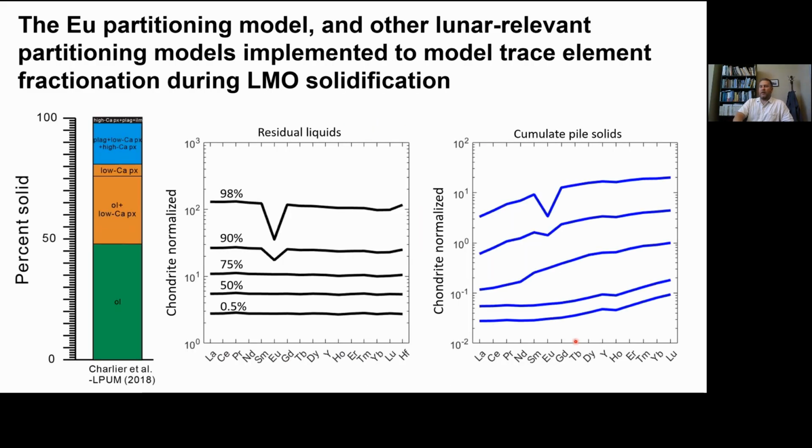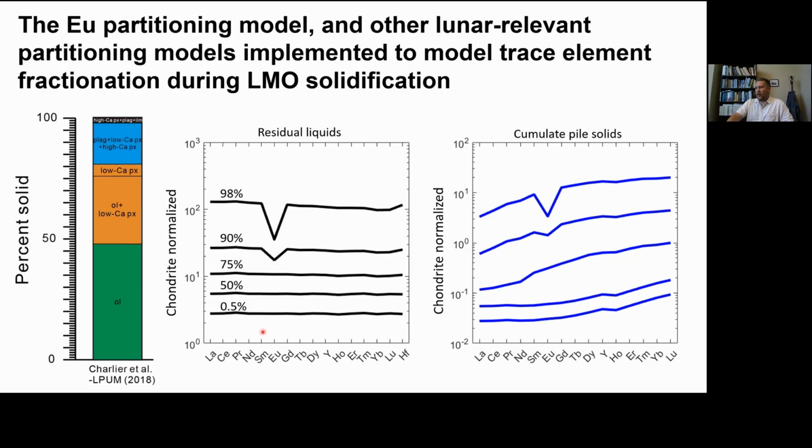All right, so implementing that europium partitioning model for plagioclase and a lot of other very conscientiously developed predictive partitioning models for lunar systems makes it possible to calculate the composition of the residual liquids in the magma ocean, and then also the solids that precipitated from that magma ocean liquid as a function of the extent of solidification.